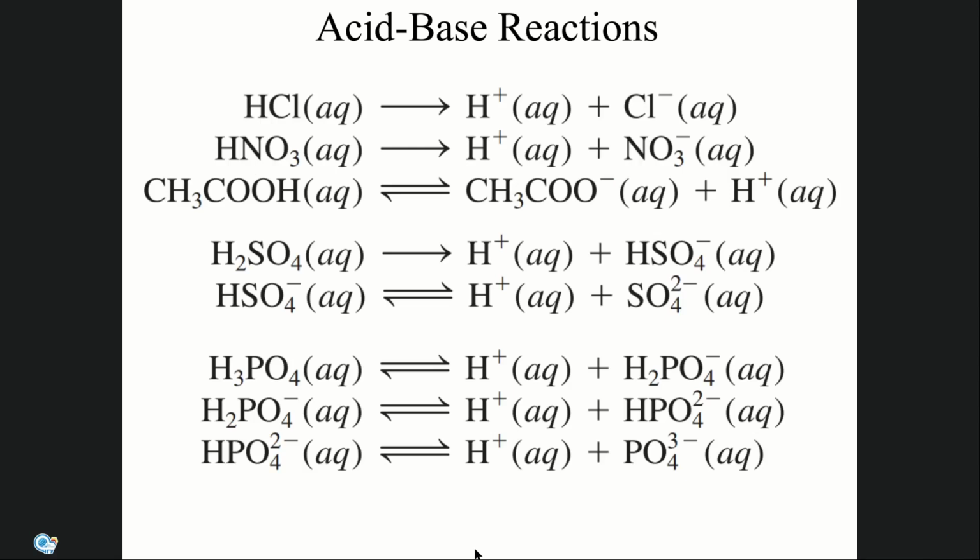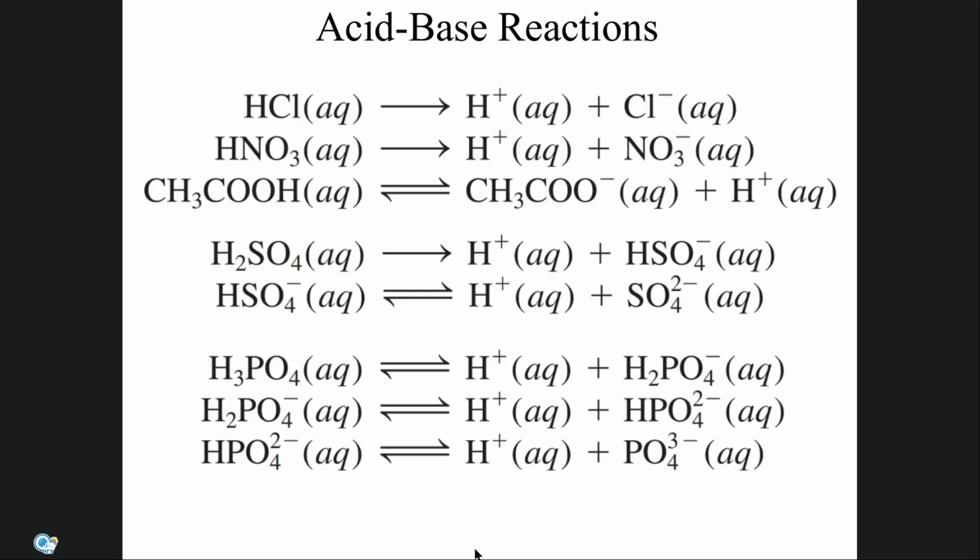As mentioned earlier, because the ionization of acetic acid is incomplete, you can see double arrows. It's a weak electrolyte. For this reason, it's called a weak acid. On the other hand, hydrochloric acid and nitric acid are strong acids because they're strong electrolytes. So they are completely ionized in solution. So you can see the single arrow, only one route.